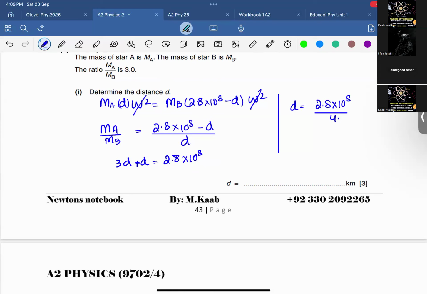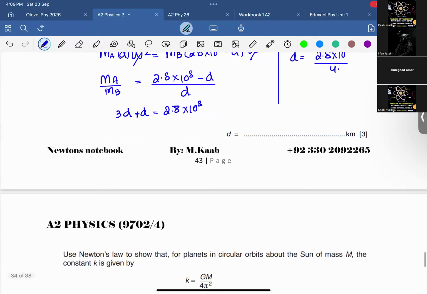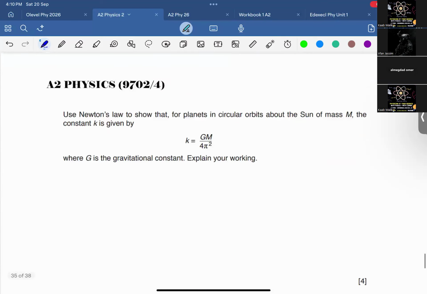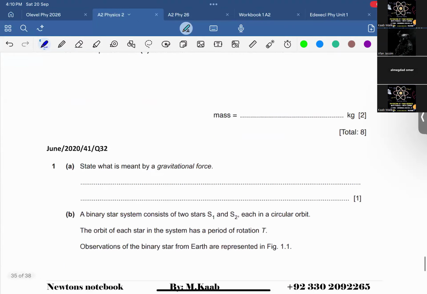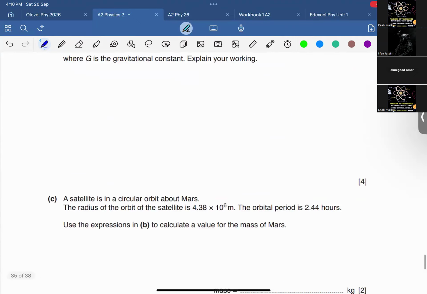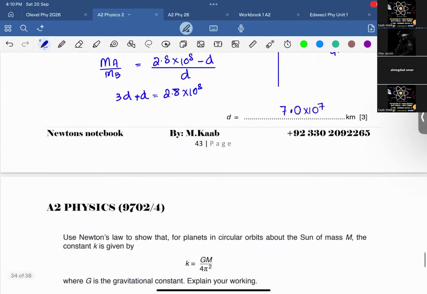That is 7 into 10 to the power 7. 7.0 exponent 7. Perfect. What's the unit? The kilometer, okay? So we don't have to convert.